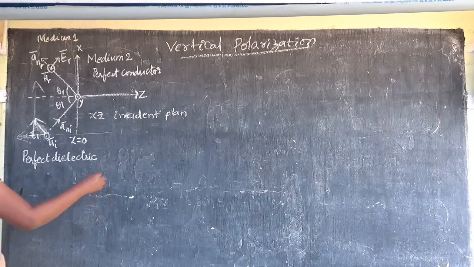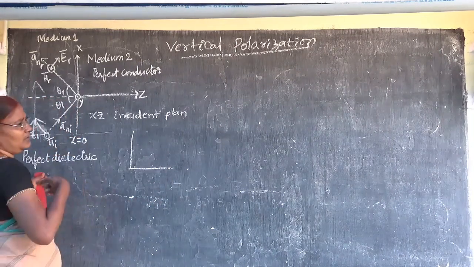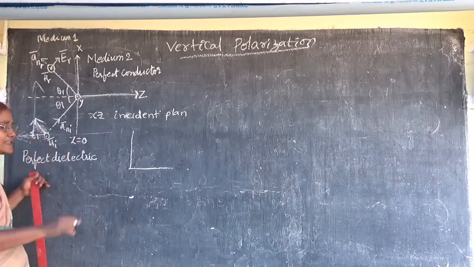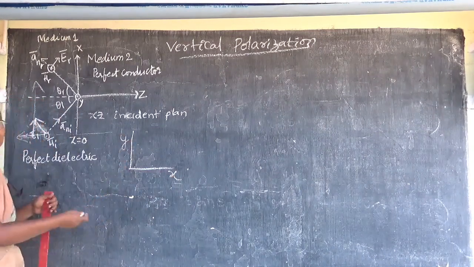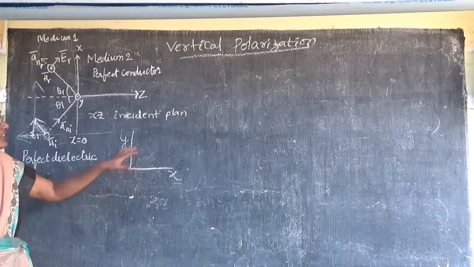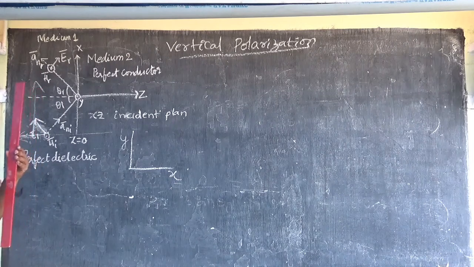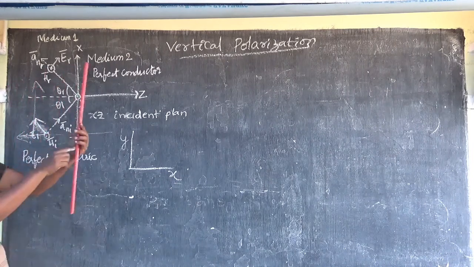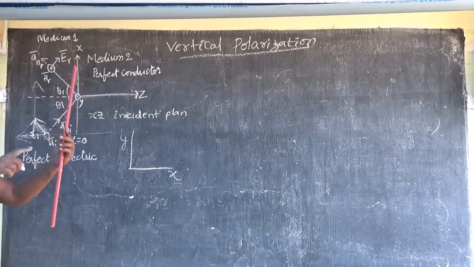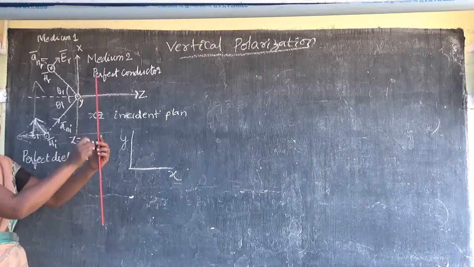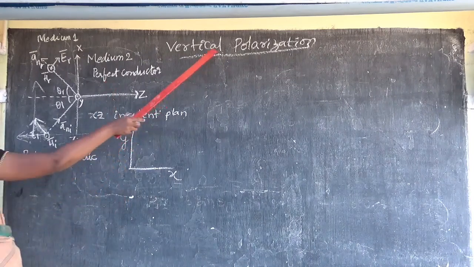Suppose you take a coordinate system, you call this the horizontal axis and this the vertical axis. In the same way, if you consider a boundary and the electric field goes in this direction, it is considered horizontal polarization. If your electric field goes in this direction, it is called vertical polarization.